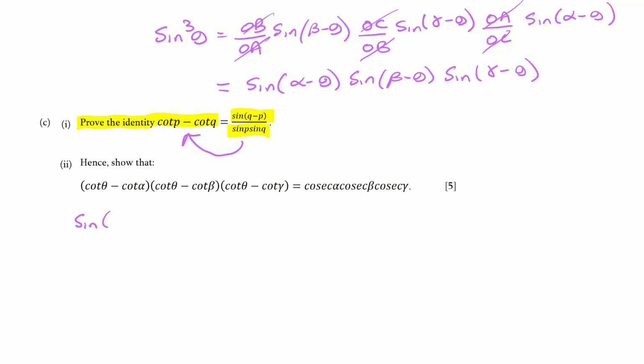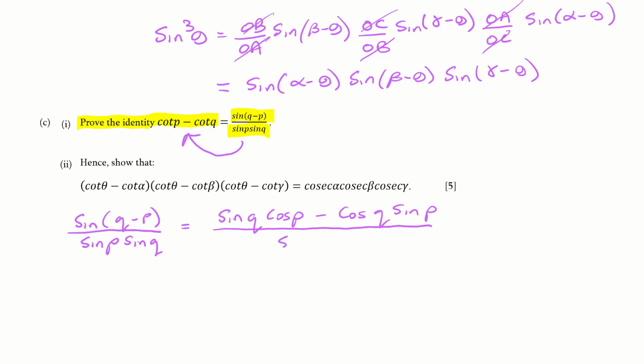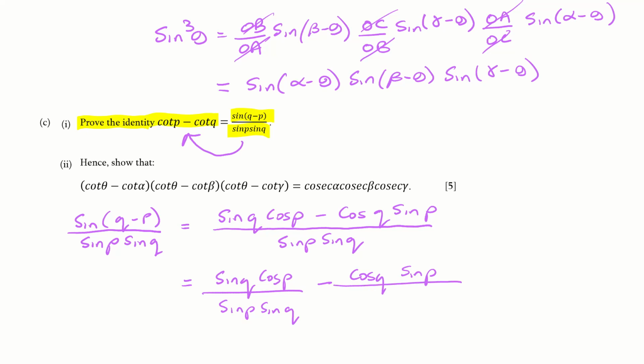So sine of Q minus P over sine P sine Q would be equal to sine Q cos P, take away cos Q sine P, over sine P sine Q, which is sine Q cos P over sine P sine Q, take away cos Q sine P over sine P sine Q.